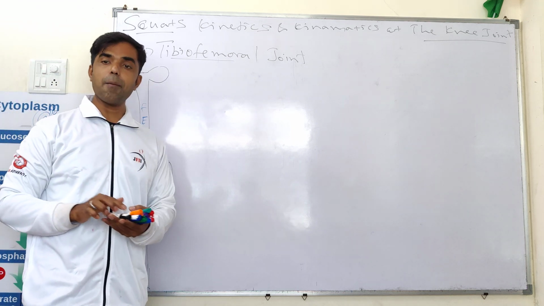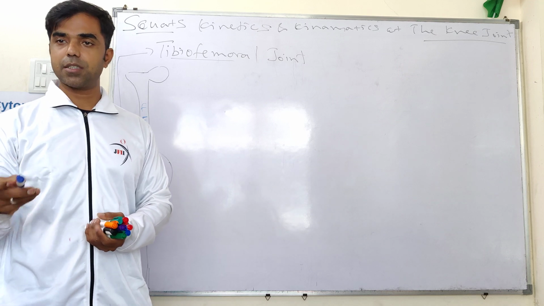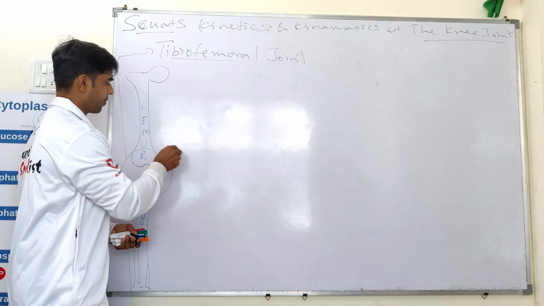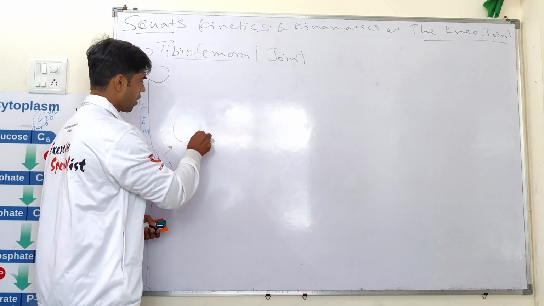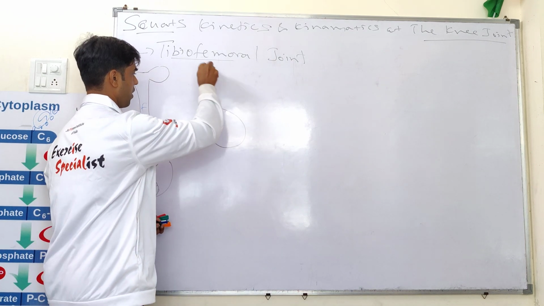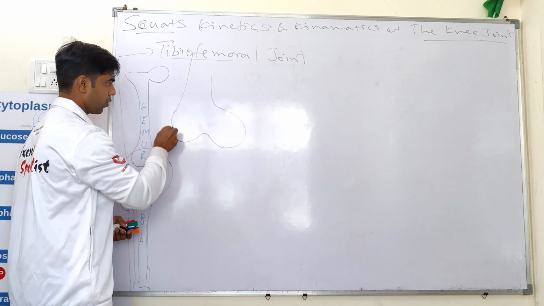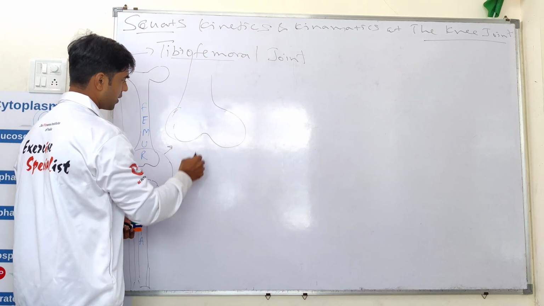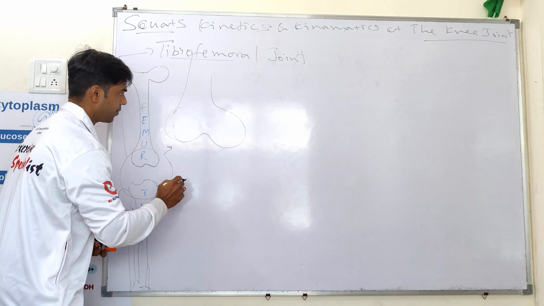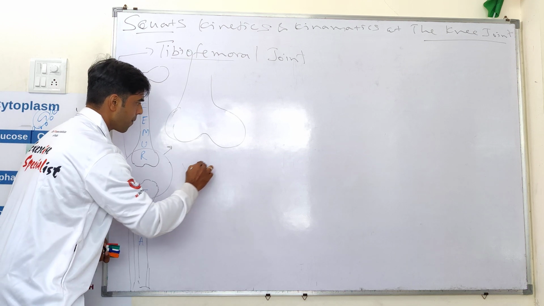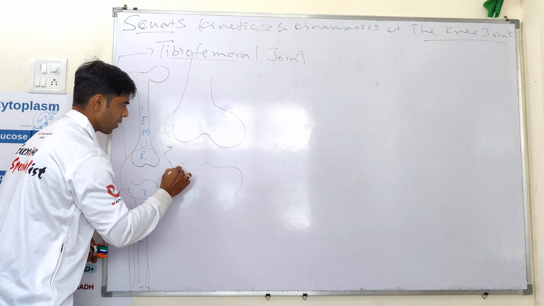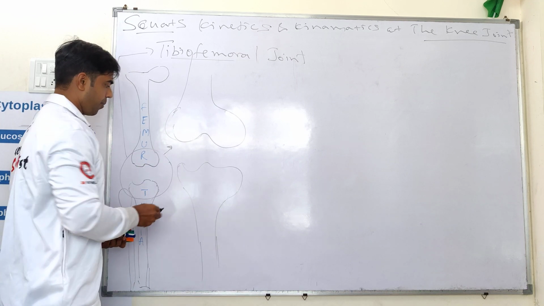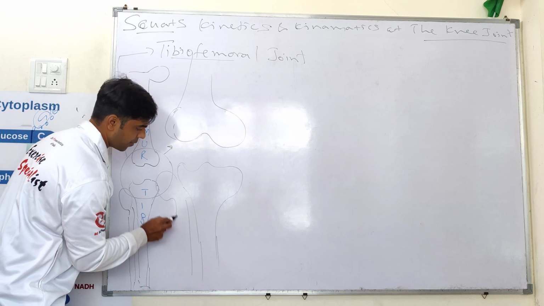And the ligaments which take care of the stability, we have to zoom in on this first. So this is your medial condyle and this is the lateral condyle of the tibia, sorry, femur. And this is the head of the tibia and here is your fibula.